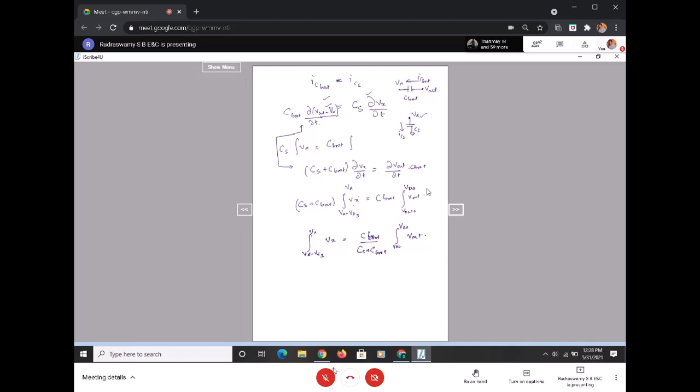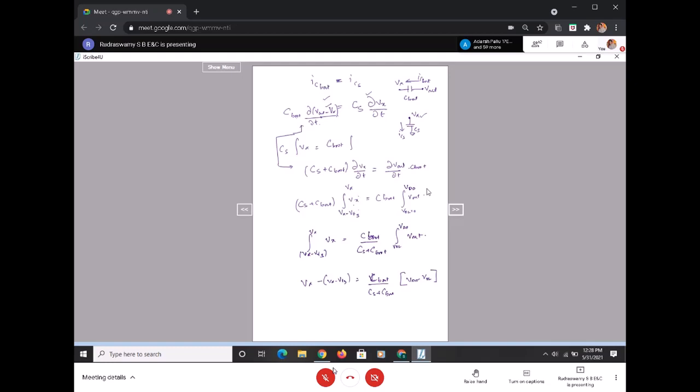So if I try to integrate it, it is Vx minus of VDD minus Vt3, to Vx, is equal to C boot divided by CS plus C boot into VDD minus VOL. So this is what I am having over here.